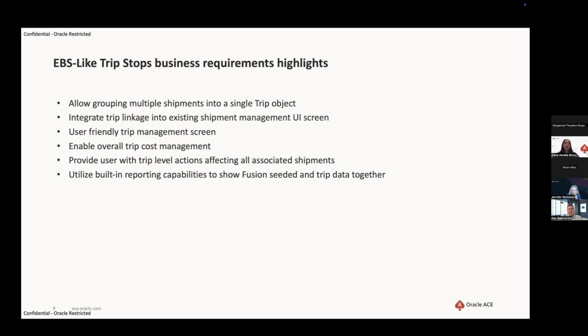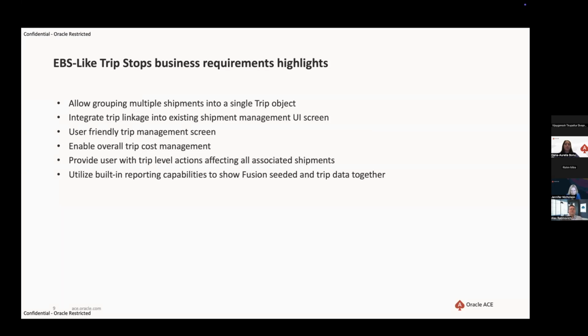And of course, the requirement was to utilize the existing Oracle reporting capabilities to show in the same report data from the custom object, the new business object, which is the trip, together with other standard Fusion objects.